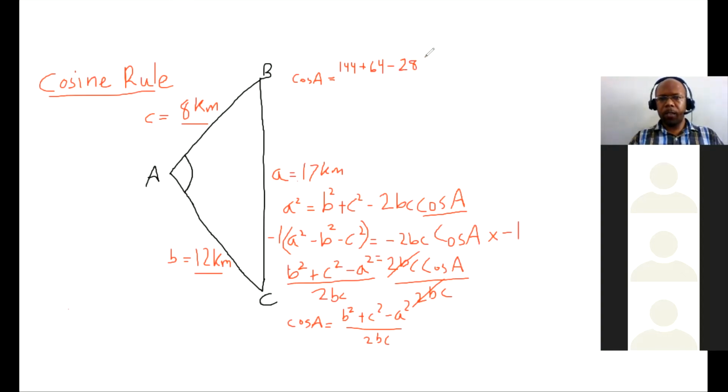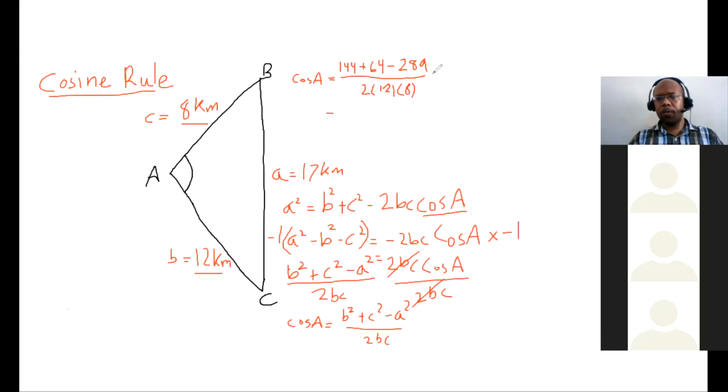289, over 2. What's my B? My B is 12. What's my C? My C is 8. Okay. And now, what does this give me?